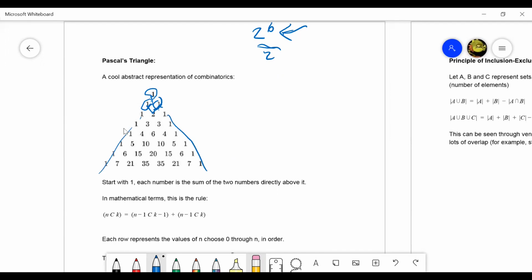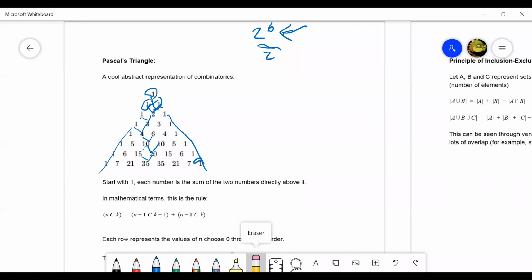So you can see 1 plus 2 equals 3, 1 plus 3 equals 4, 4 plus 6 equals 10, 10 plus 10 is 20, 20 plus 15 is 35, etc. So you can manufacture the table on your own.